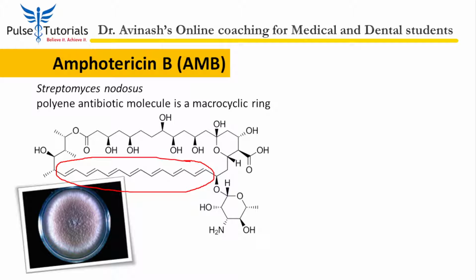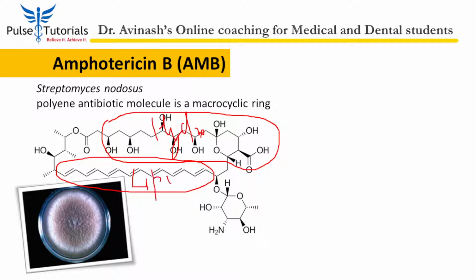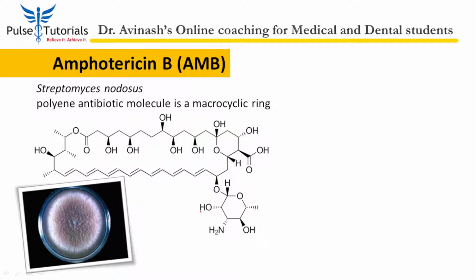Okay, or you can say lipophilic. It is dissolving in lipids. And the second part here, with a lot of OH groups, this part would love water, that is hydrophilic. So one part hydrophilic, one part lipophilic, and that is the structure of amphotericin B.